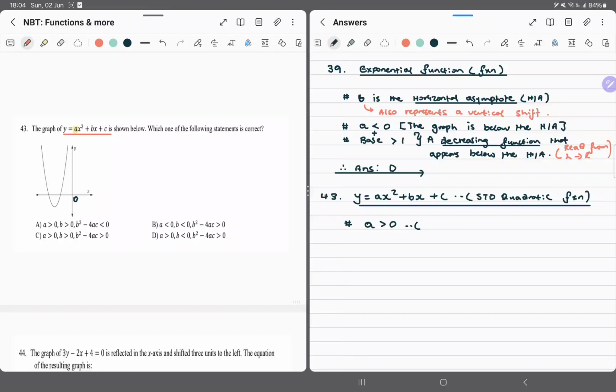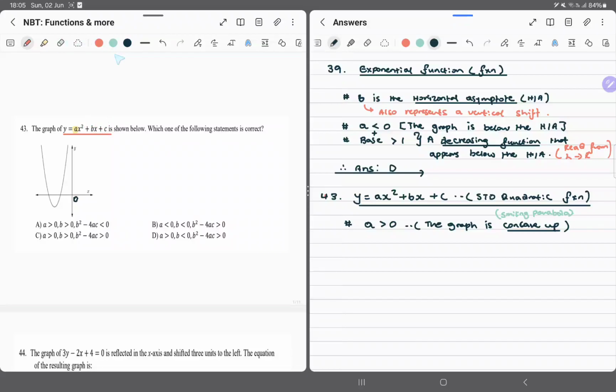Why? Because the graph is concave up. So when it is concave up, we often refer to this as a smiling parabola. One would often hear such inferences that this is a smiling parabola. It's essentially concave up. Okay, we move on.